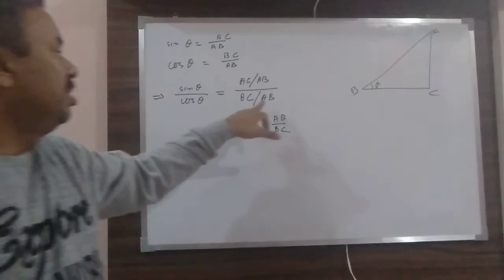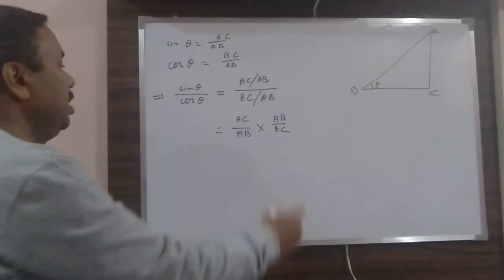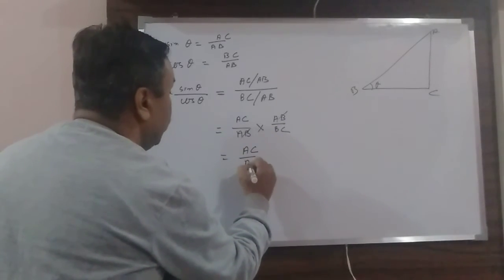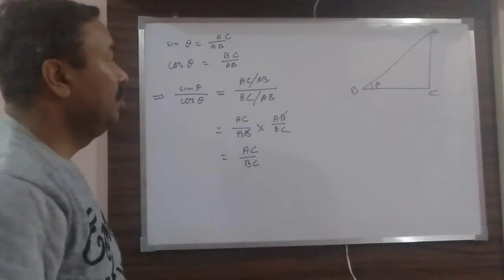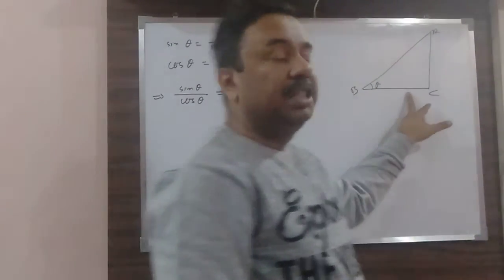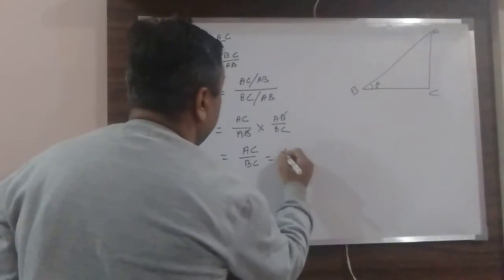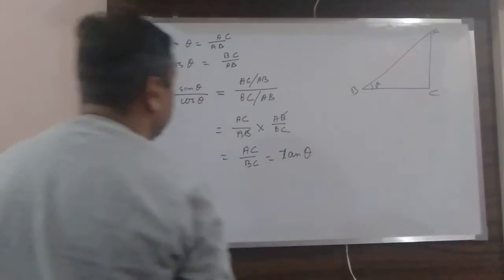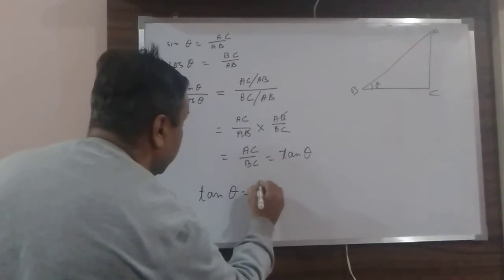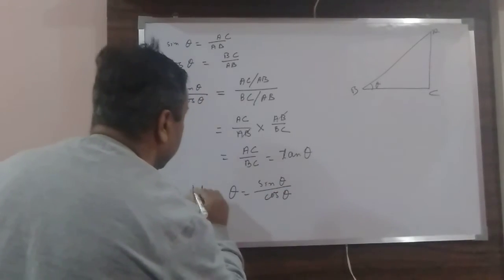Dividing by a fraction means multiplying by the reciprocal. Now when these two are multiplied, AB gets cancelled. My result is AC over BC, that is opposite side over adjacent side. What does this show? This is actually tan theta. So I get a very good result: tan theta is equal to sin theta divided by cos theta.